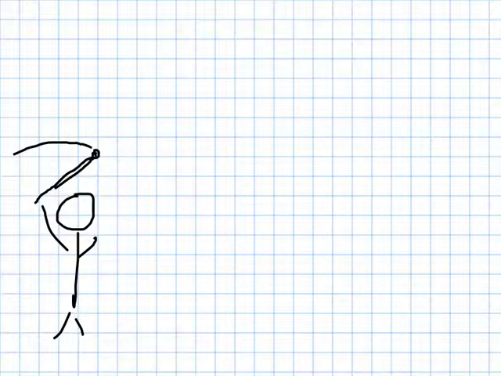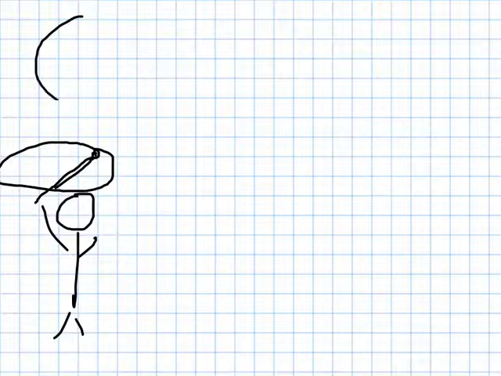Alright, here's what I'm picturing from this problem. Here's the person. I guess that's me. And there's the string with the candy on the end, and it's going to be moving in a horizontal circle over the head. Maybe not the world's most beautiful picture, so I could draw a top view. Here's my top view.